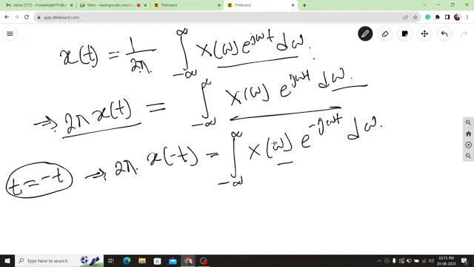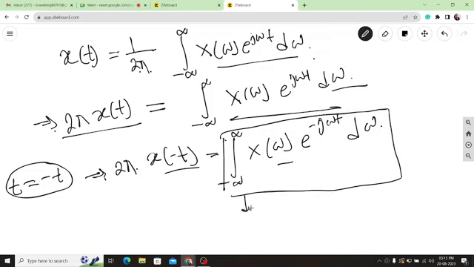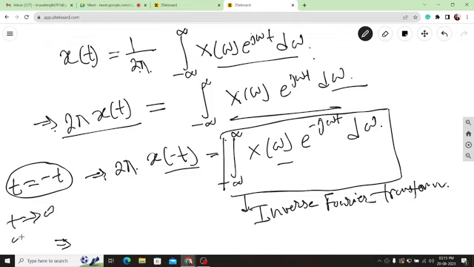So see, this is just a change of variable, but this sort of equation is the equation for the inverse Fourier transform. For clarity, we can also write this equation by changing t to omega and omega to t.